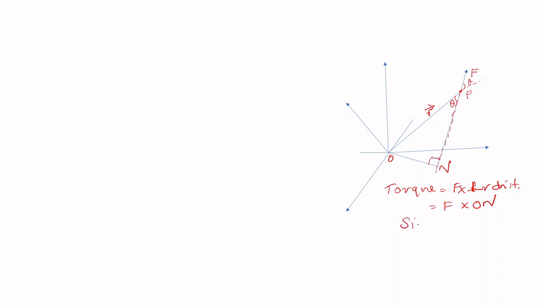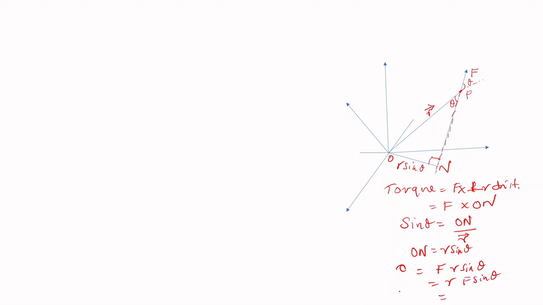For that we find sin theta. Sin theta is equal to the opposite side ON divided by the hypotenuse R. So ON is R sin theta. So torque is equal to F R sin theta, or it can also be written as R F sin theta.